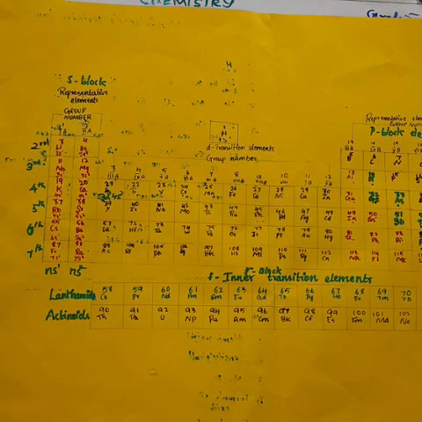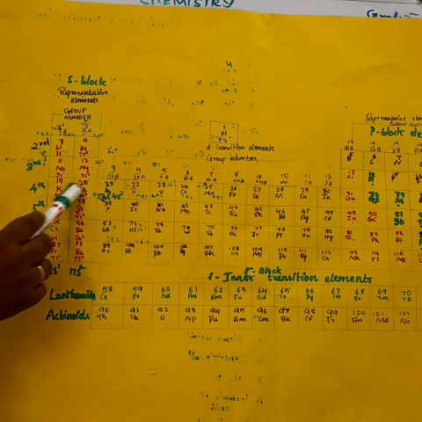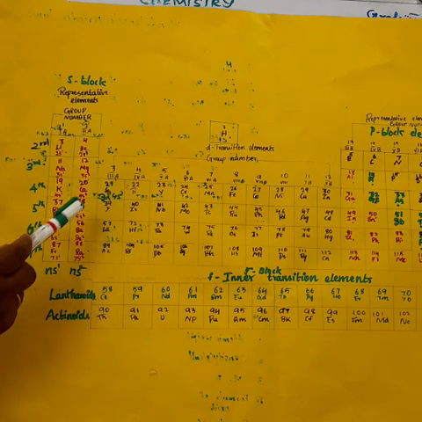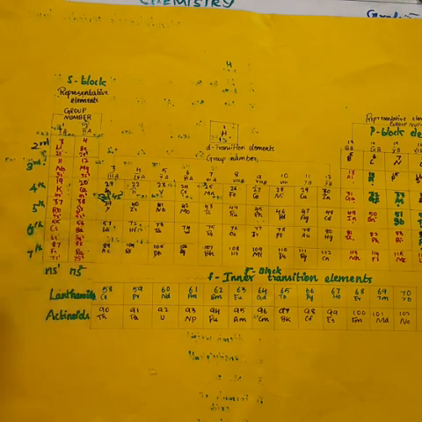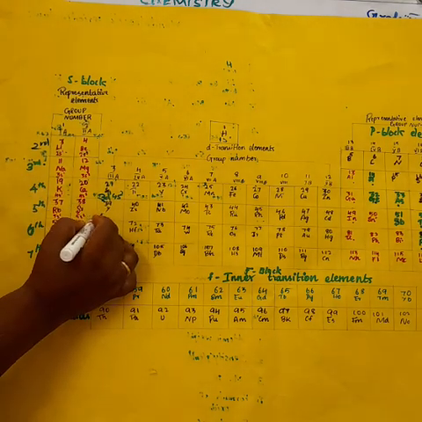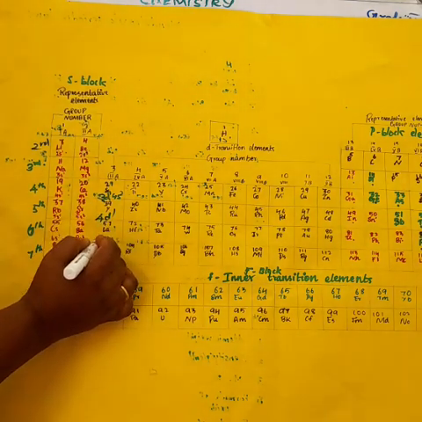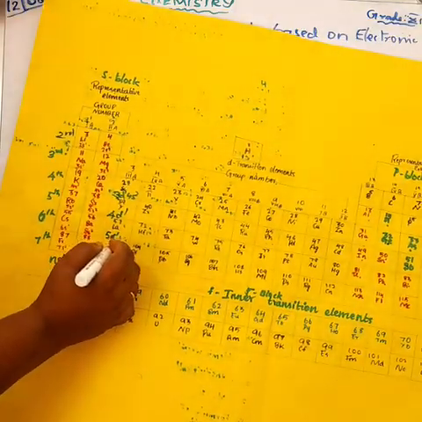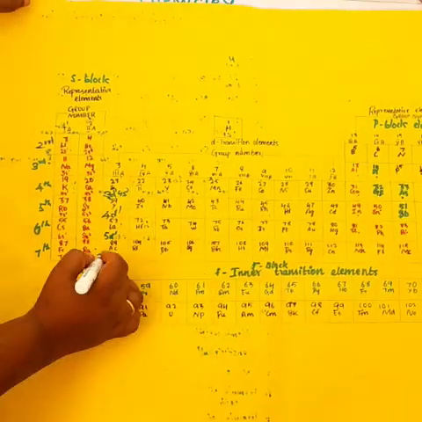The first transition series starts from 3d1, the second from 4d1, the third from 5d1, and the fourth from 6d1.